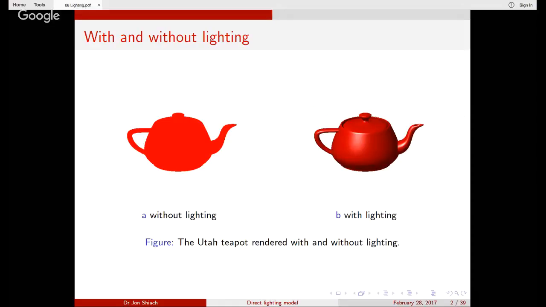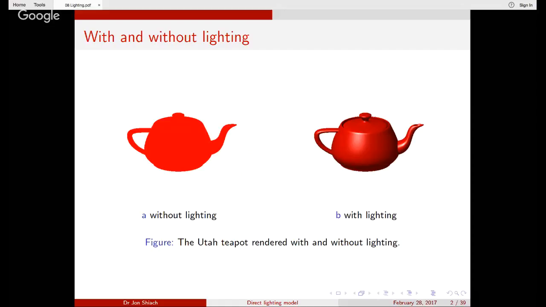Why should we look at lighting? Why is lighting important? Well, if you're modeling a 3D environment in the virtual world, without lighting, you have no clue as to depth. Here I've got the teapot, which remember is the Utah teapot, often known as Newell's teapot. Believe it or not, this plot on the left is a plot of a 3D teapot.